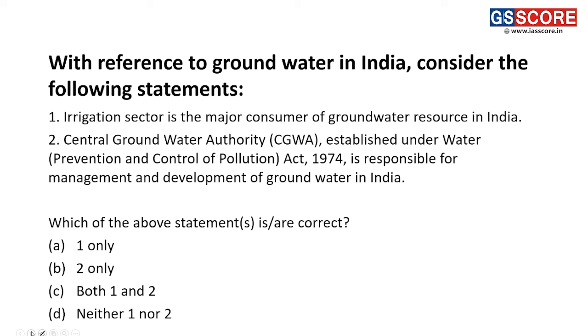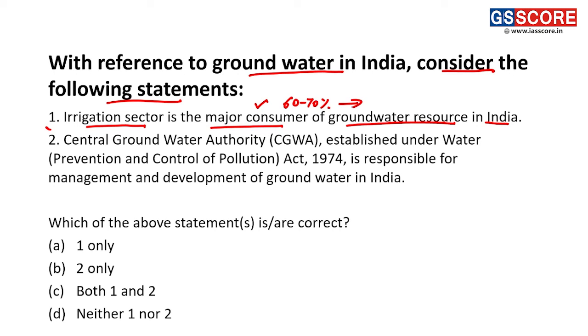Moving towards the next question. With reference to groundwater in India, consider the following statements. Statement 1 is, the irrigation sector is the major consumer of groundwater resources in India. Analyzing this statement, it is quite correct because more than 60 to 70% of groundwater is being consumed in irrigation practices.